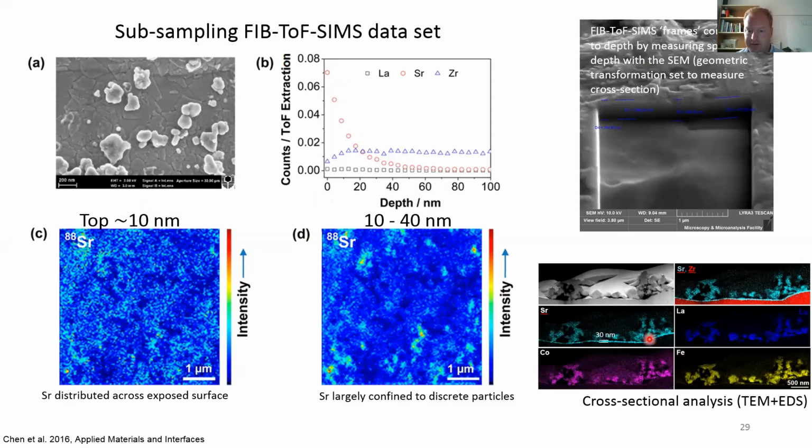And if you look in the EDS as well, you can see strontium everywhere, but in between the large particles, there's only this sort of 20 or 30 nanometer layer. And so once that layer is sputtered away, the strontium then is isolated in these coarser particles. And so it's quite neat that we can extract different kinds of distribution maps within the depth profile.